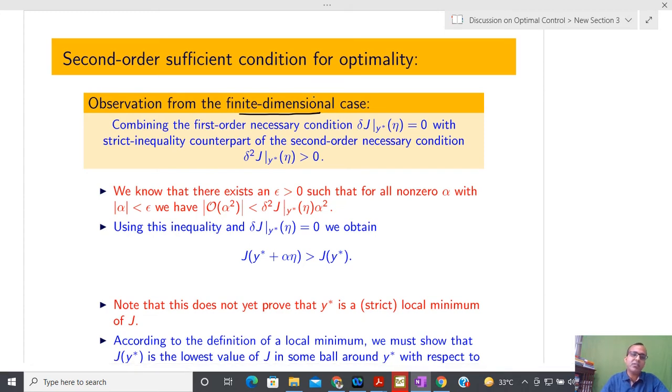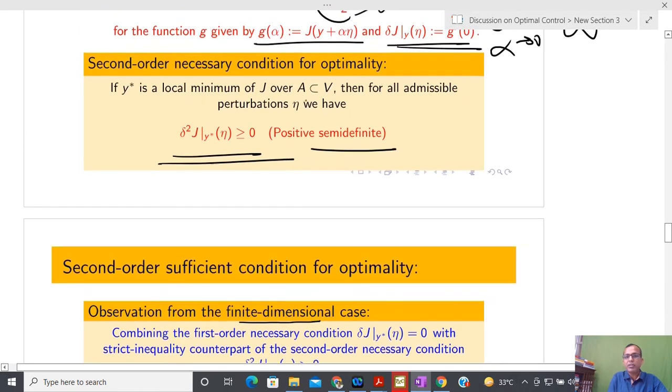After that we took the second order variation and generated the second order necessary condition, and after that we found that if we remove the semi definiteness from this second order necessary condition, meaning if I convert positive semi definite into positive definite, and if it is consistent with the first order necessary condition, which is delta j y star equal to 0, then that works.